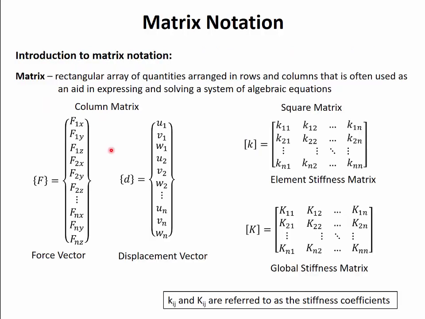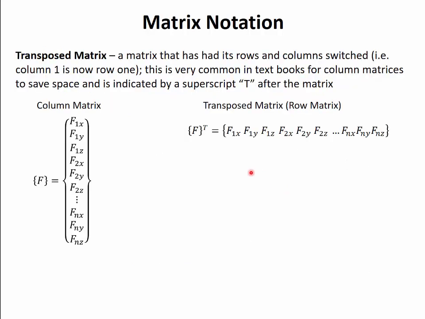If I take everything in this column and put it in this row, and then take everything that was in this row and put it in this column, and keep doing that for every row and column, that gets the transpose of the matrix, with all of its rows and columns switched. So column 1 is now row 1, column 2 would be row 2, and so on.